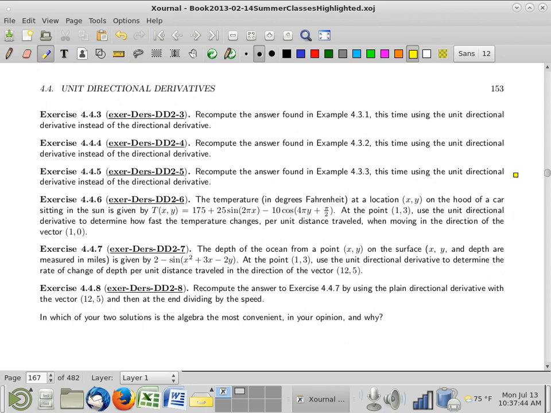Right? So outside of this particular offering of Math 212, in your future applications of multivariable calculus, you might hear someone talk about a directional derivative, and they'll give you a vector, and they might not clarify. And you have to make sure to realize this is one of these unfortunate confusions of terminology. It's not consistent. Make sure to clarify.